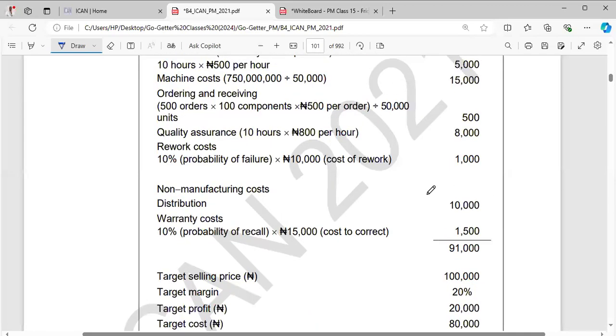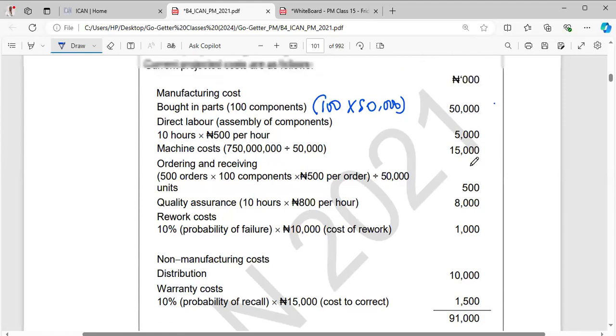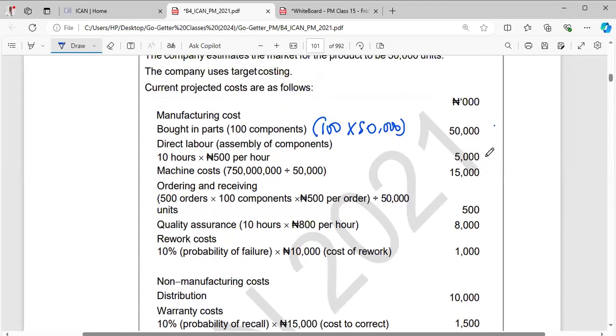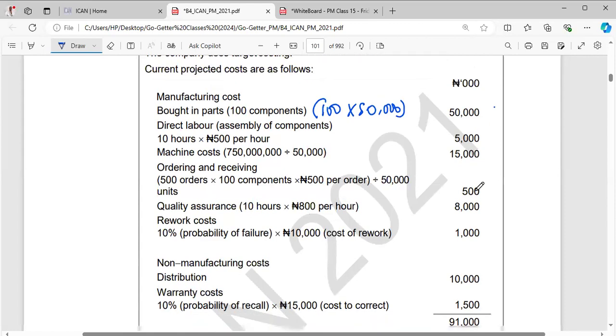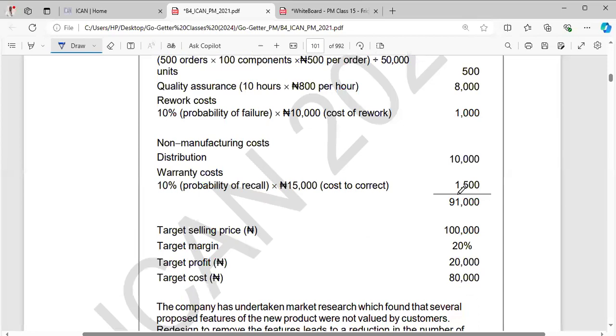So when we added all this, 50 plus 15, 65, plus 10, 75, plus 10, 85, 86, 91. So that's the 91,000 here. So you find out that the estimated cost is 91.